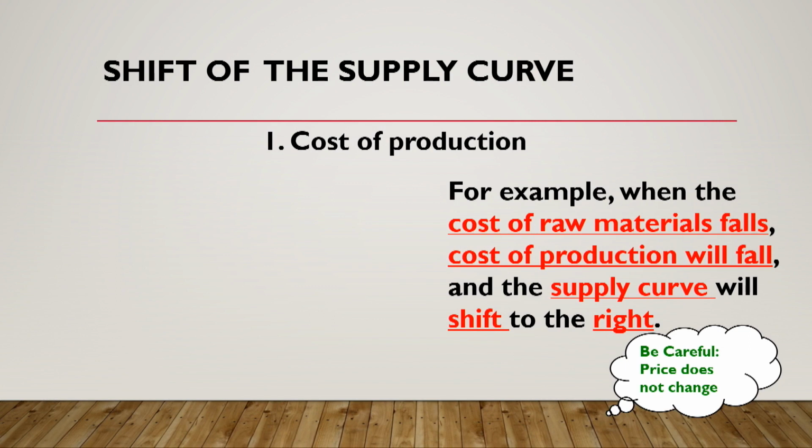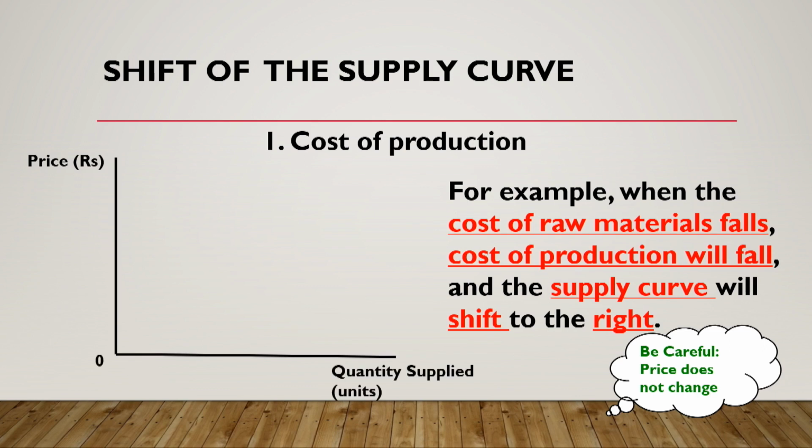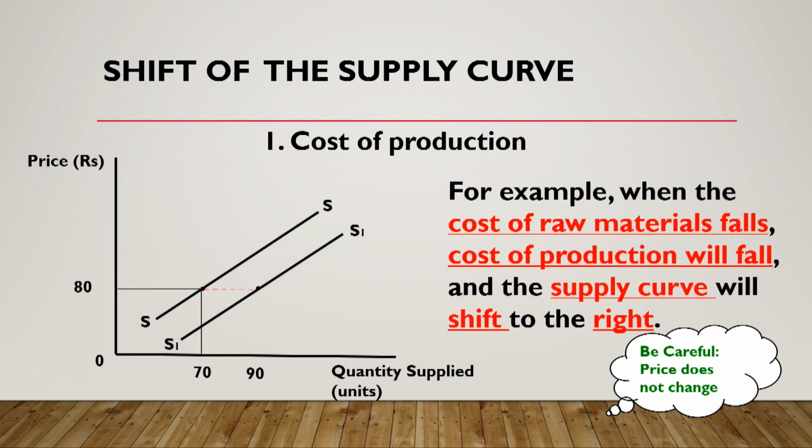For example, when the cost of raw materials falls, cost of production will fall and the supply curve will shift to the right. As you can see, the supply curve has shifted from S to S1, that is, from point A to point B. Be careful, price does not change.